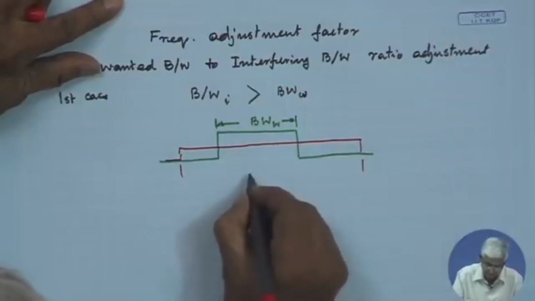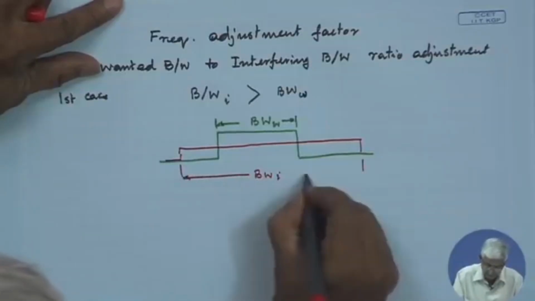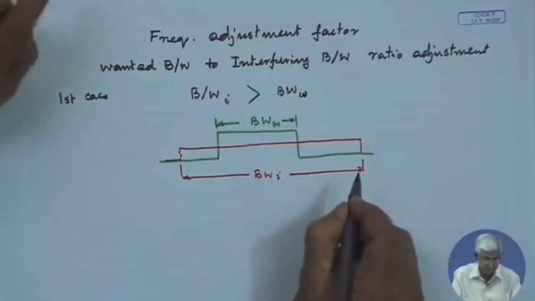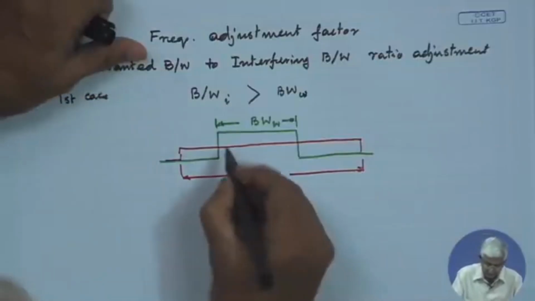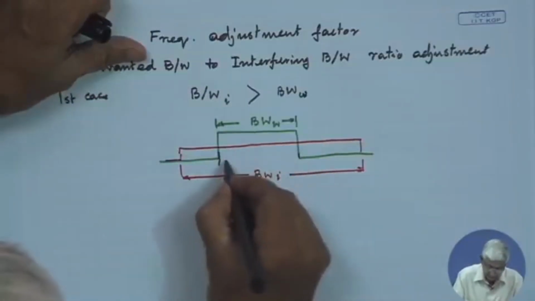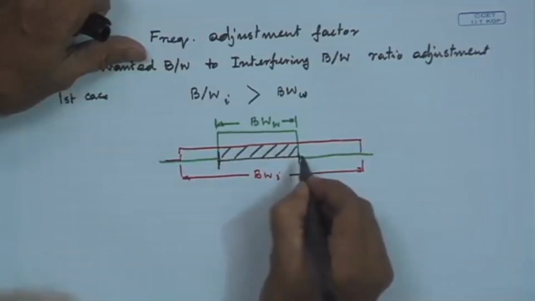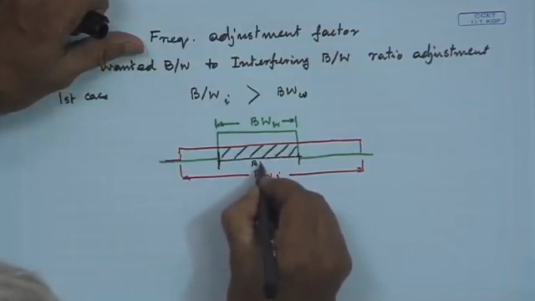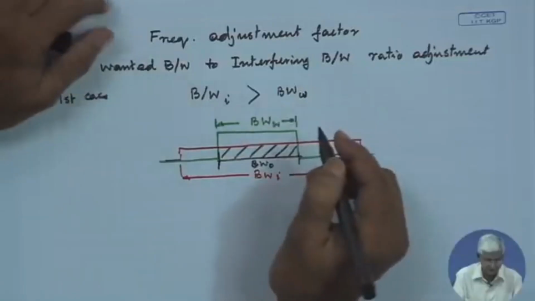So, this is bandwidth interfering. Now, you see what is happening, the whole of my wanted bandwidth is getting interfered. So, it is called bandwidth overlap. The interfering bandwidth is fully overlapping on that.